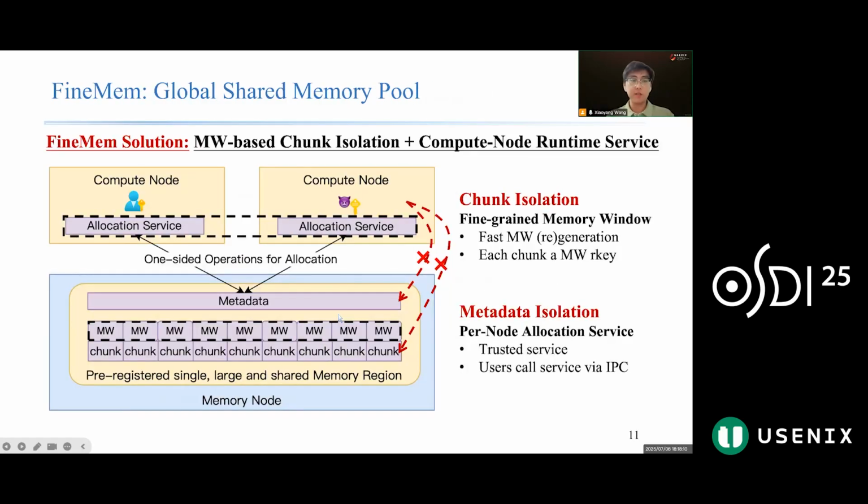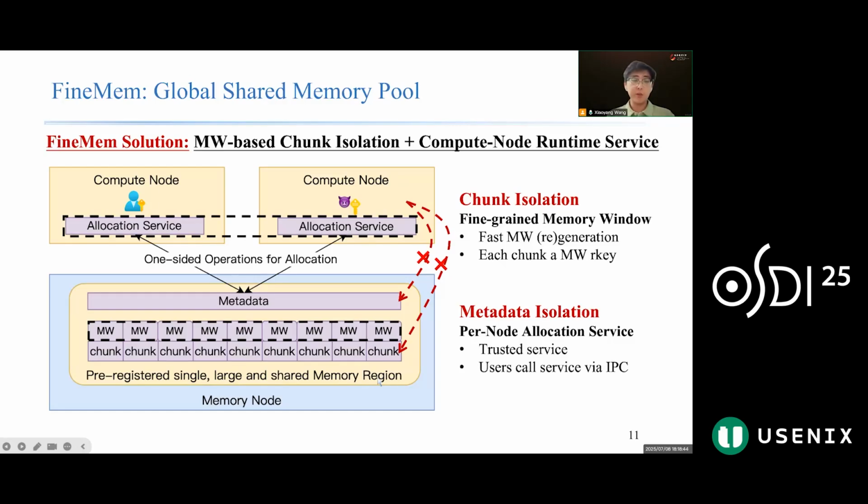To solve this, FineMem uses RDMA memory windows to isolate memory chunk access and a per compute node service to protect allocation metadata. First, a memory window is an RDMA mechanism built on a registered memory region that allows quick generation of fine-grained keys at a rate of one memory window per microsecond.